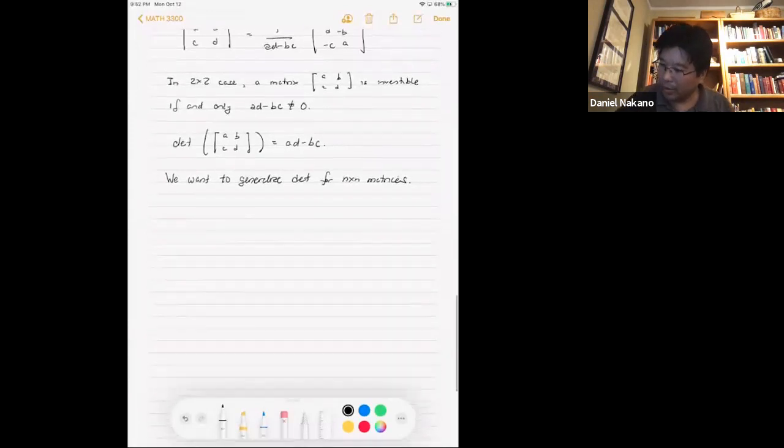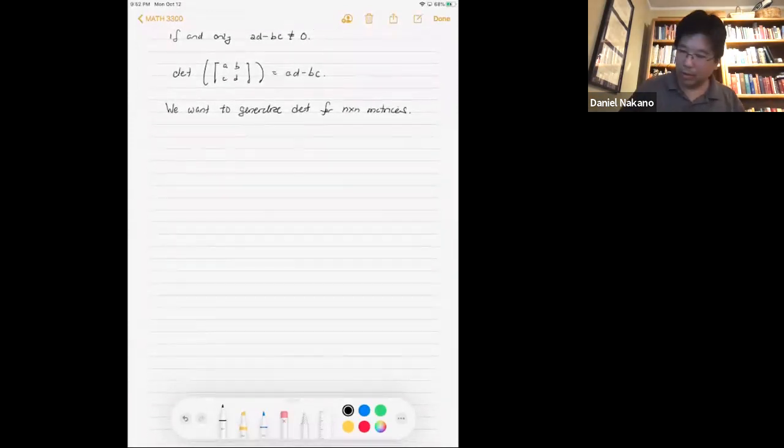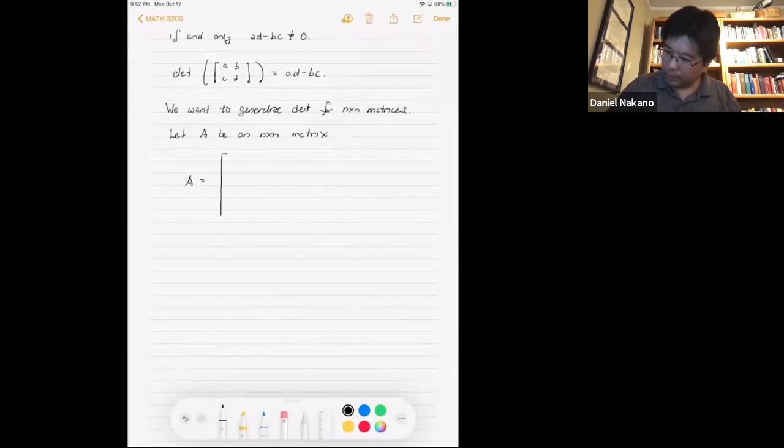So let me do that. Let A be an n by n matrix. Now, what does A look like? Well, A is a square matrix.